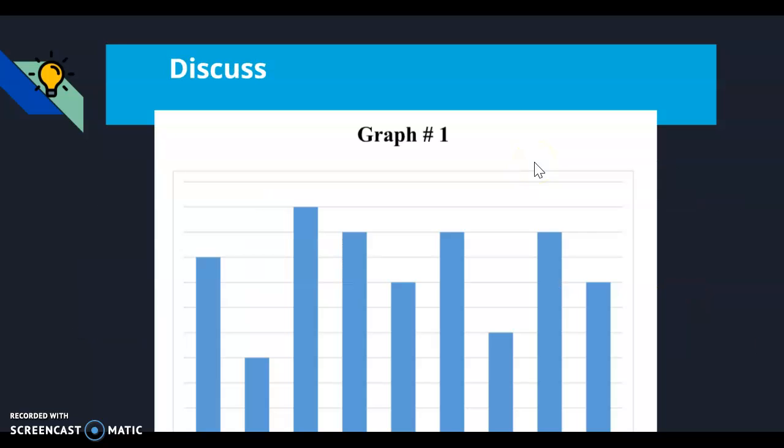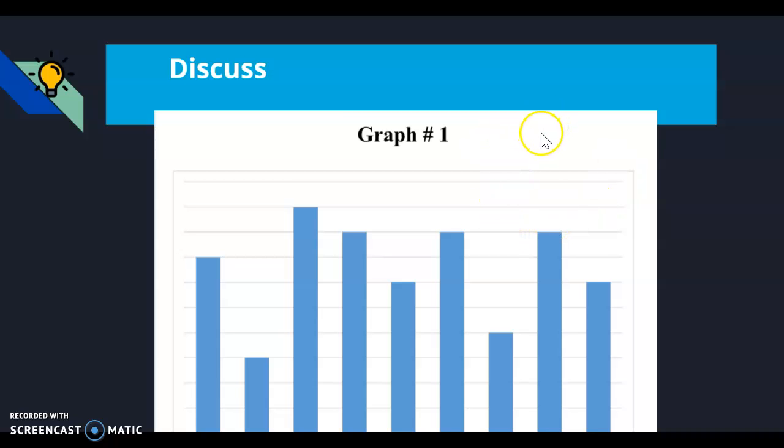Our first graph, graph number 1. If you're watching a recorded video, go ahead and pause, take a really good look at the first graph, and think about what you notice and what you wonder about this particular graph.